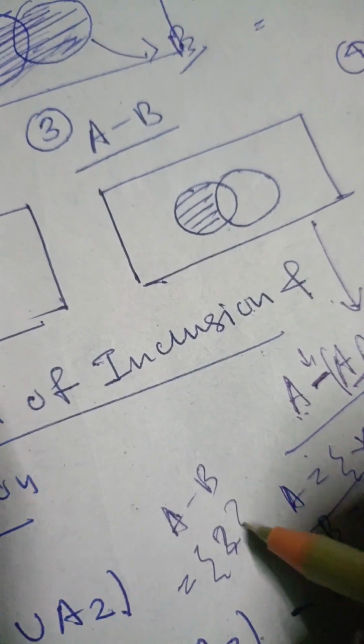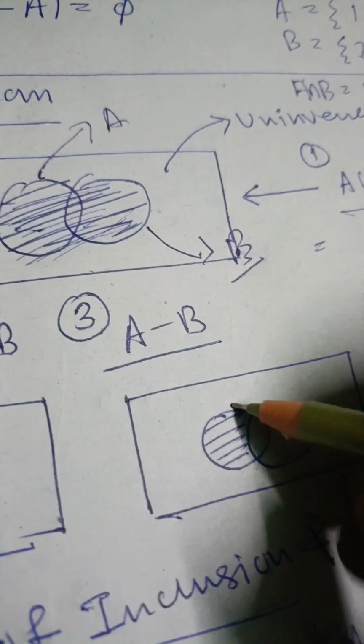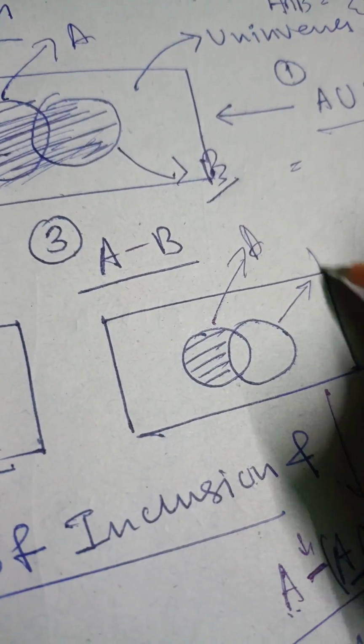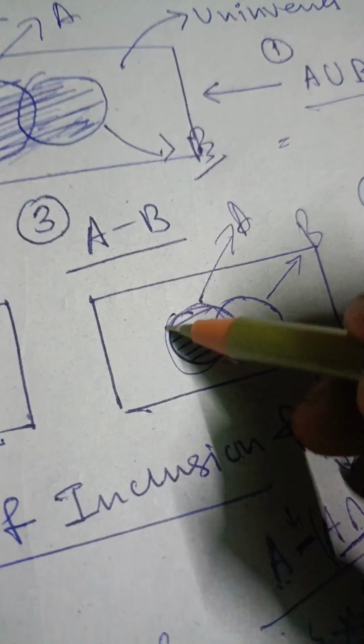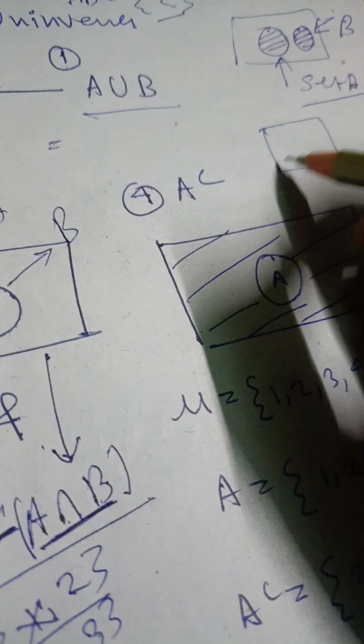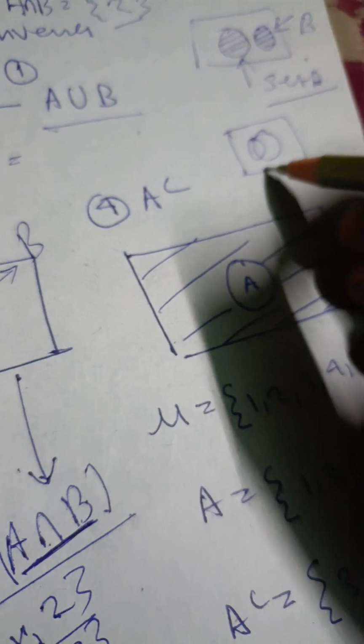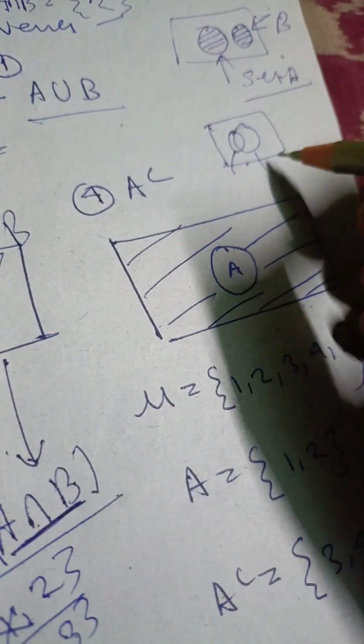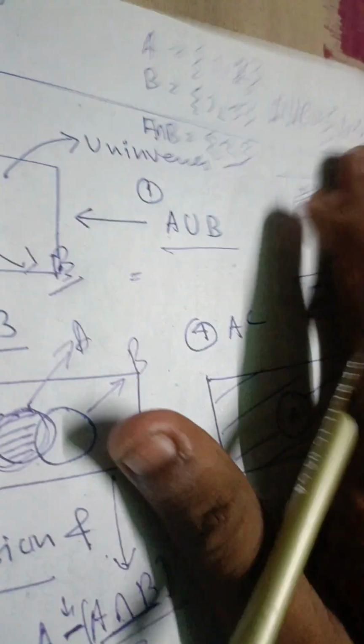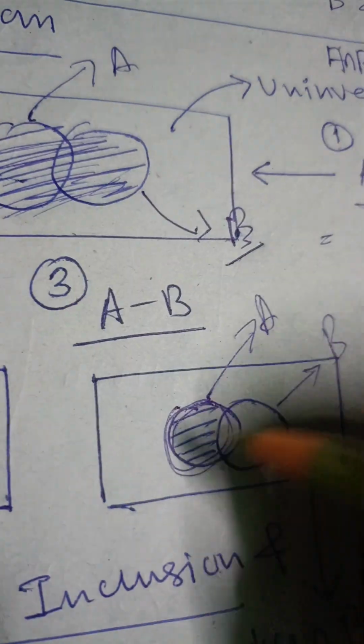So how can we write it in Venn diagram format? Let's suppose that is A and that is B, and we write like this. It is set A and set B. Something may be common, something may not, but we write like this. That is set A, that is set B, and there can be another set. We will see it in the problems too.